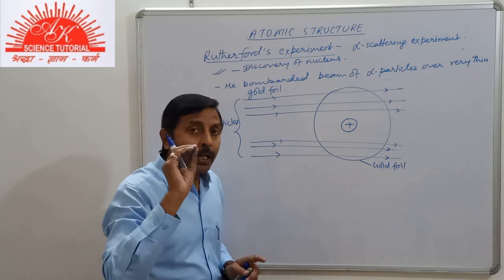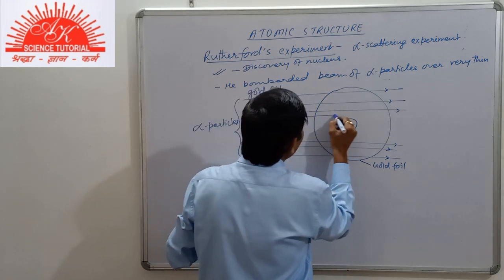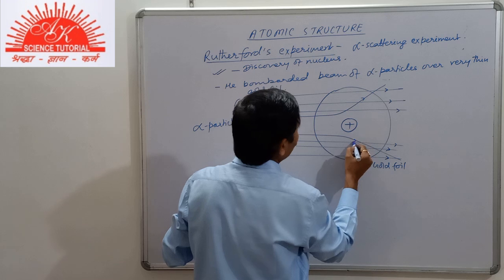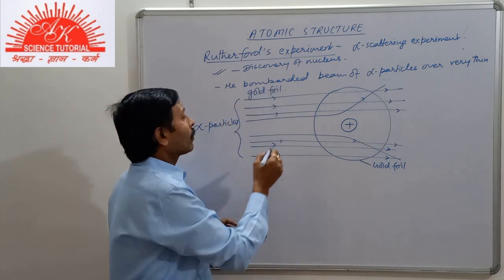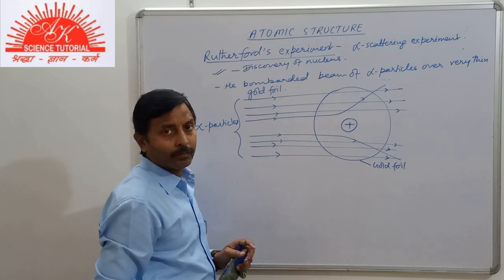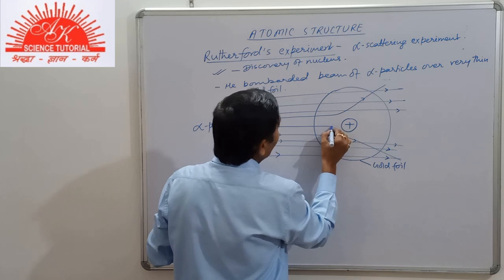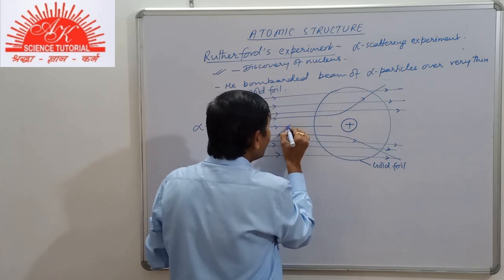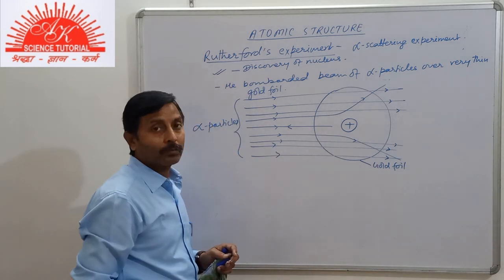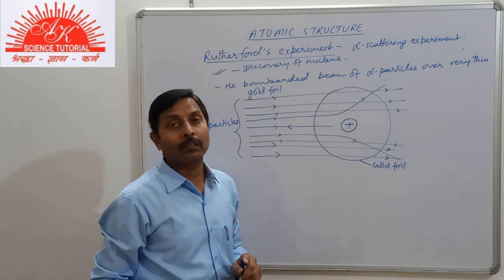Second, very few got deflected by some small angles, and very few, 1 out of about 10,000, got deflected back.